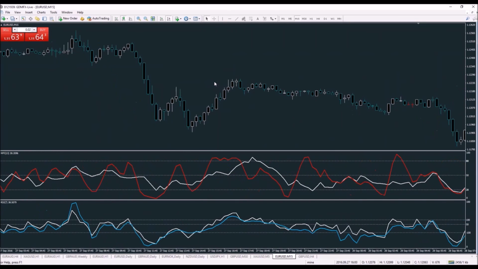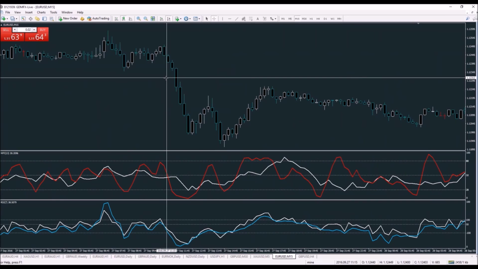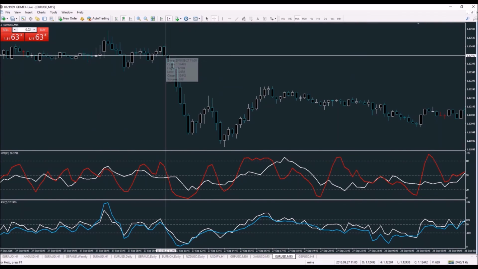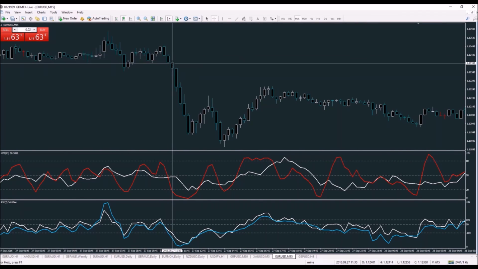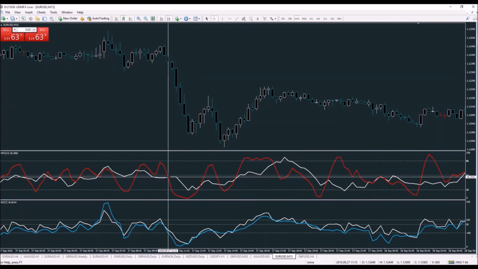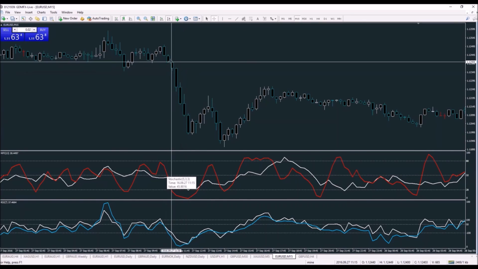Let's take another look. If we can quickly find something that can give us a good signal, like this case, for example, on the 15-minute chart, the money flow index crosses over the stochastic oscillator.